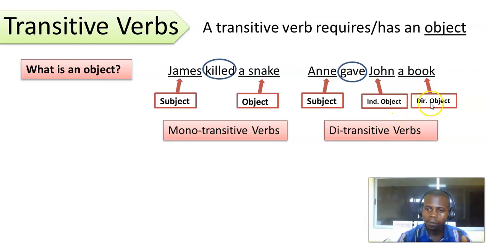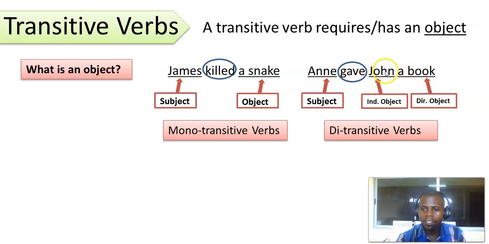But how do you know which one is the direct object and which one is the indirect object? That's not difficult at all. If you look at this verb gave, the verb is in direct relationship with a book. What Anne was holding that she gave is a book.